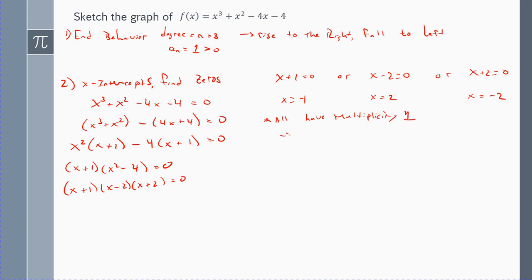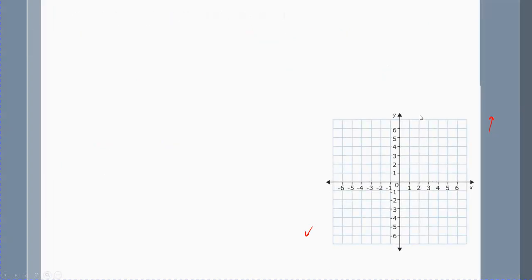So what that means is all of these x-intercepts cross the x-axis here. So the graph goes through these x-intercepts. So let me plot these. So I have -2, -1, and 2.